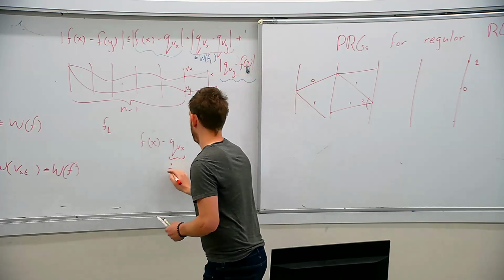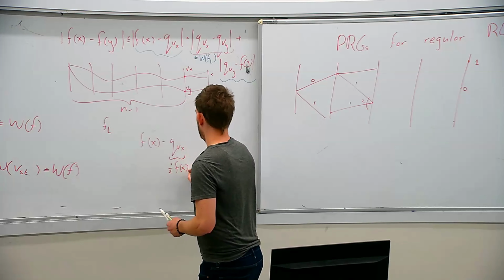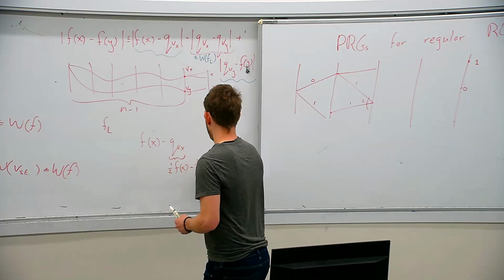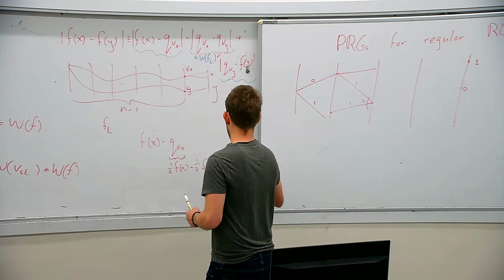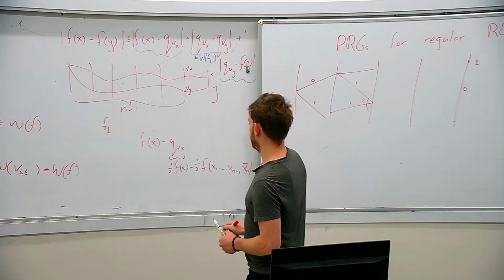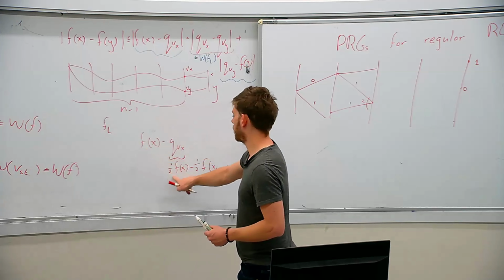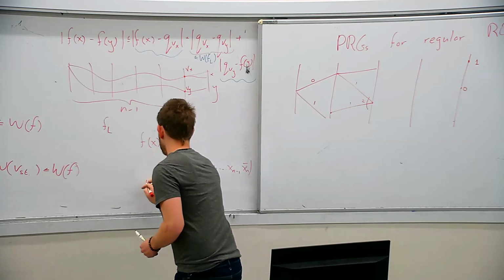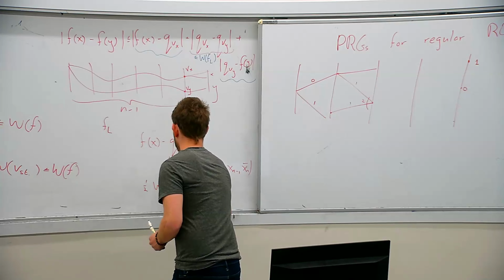So it's half f of x plus half f of x1 to the xn minus 1, and then flip the last bit. Right? And this is exactly the half cancels, and it becomes half the weight of the vertex.